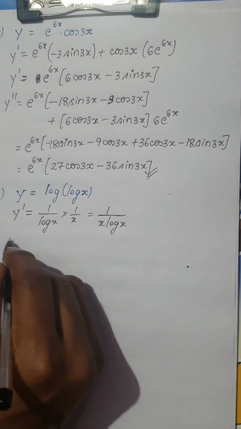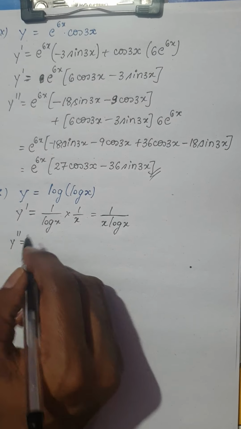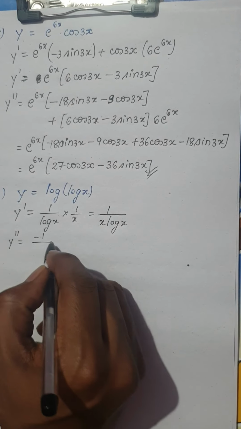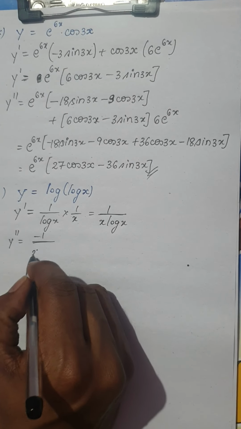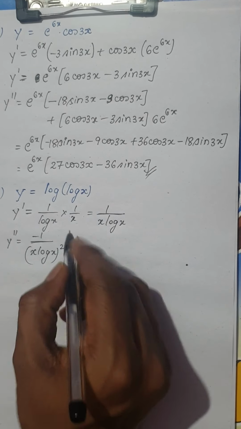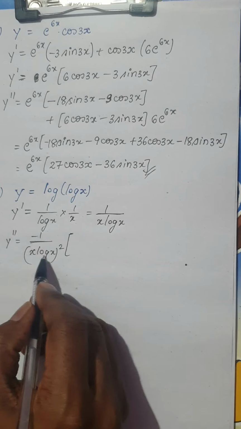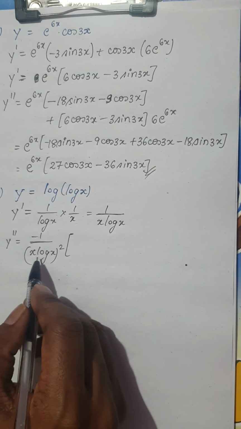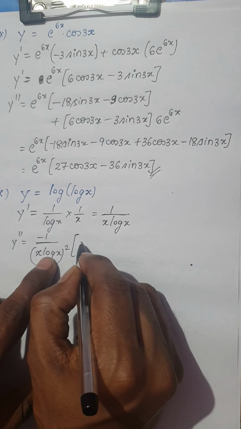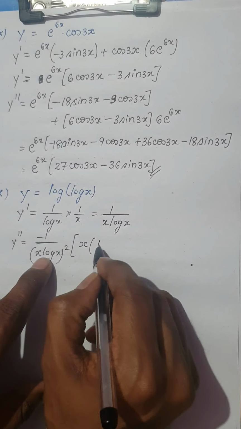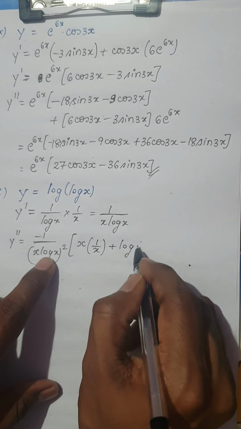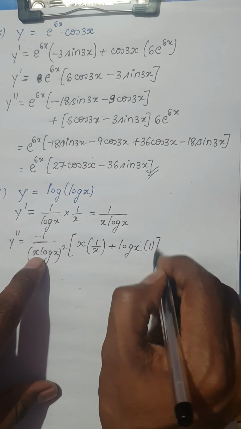Okay, now for the second derivative, y double dash, this is of the form 1 by f of x. The derivative of 1 by f of x is minus 1 by f of x square, that is minus 1 by x log x whole square into, remember you have to differentiate this function, x log x. So again you have to use the product rule here. The derivative of x log x is, keep the first function as it is, the derivative of log x is 1 by x, okay, plus log x as it is, the derivative of x would be 1.